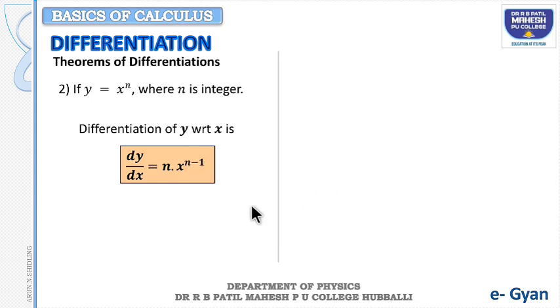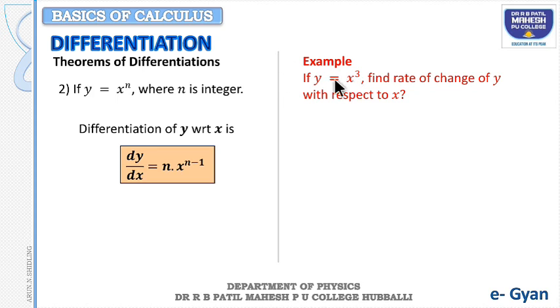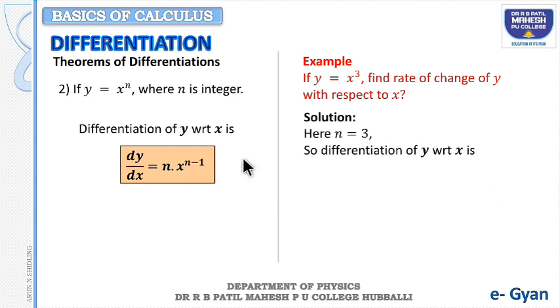Moving ahead, let us take an example for it. The example would be y is equal to x to the power 3. Now I have to find out what's the rate of change of y with respect to x. To find that, I'll use this formula here. As x to the power 3 is there, in the standard formula x to the power n should be equated with 3, that means n is equal to 3.